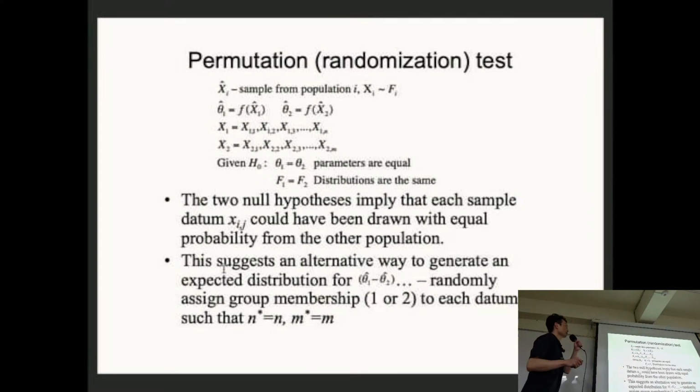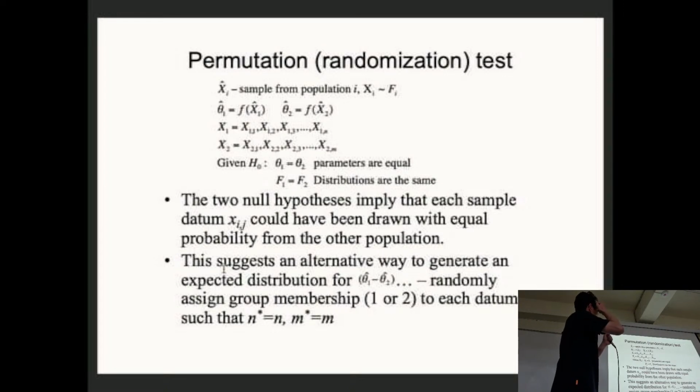I will start with a very simple example of a two independent sample t-test to explain the concept of a computational test, or it is called a randomization test.